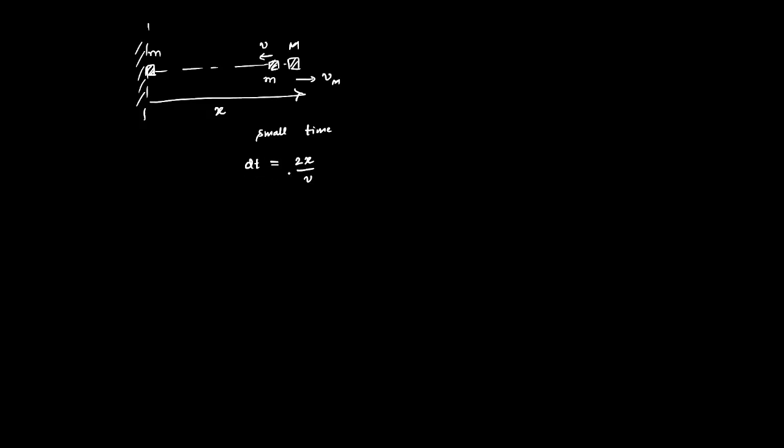This is the time taken for one collision. If we invert this, 1 by delta t, it is the frequency of collisions, meaning the number of collisions that can happen per second.